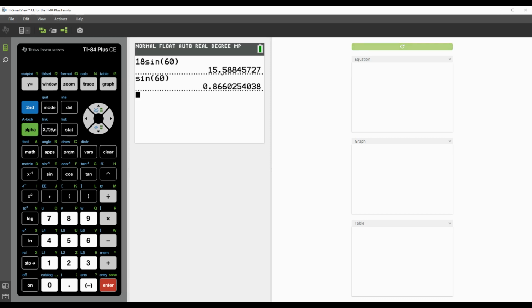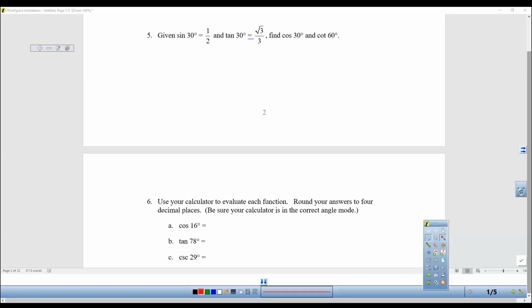So the answer is 15.588. I need you to pay special attention to this next one because it's very tricky. When you start off, most people draw a triangle and say sine of 30.